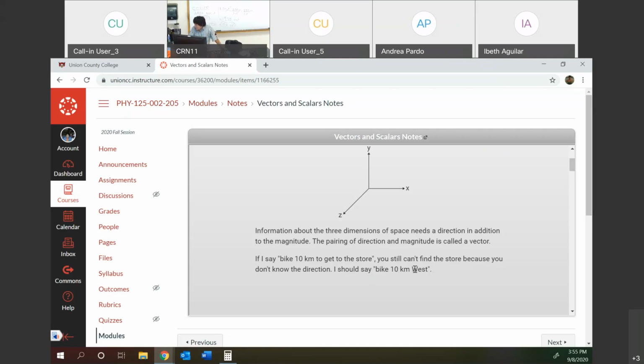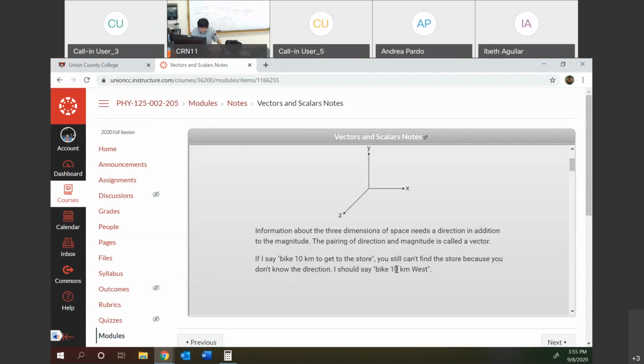The distance is vague. You know the distance is 10 kilometers, but to know where to find the store, you need to know the direction. That's where this west comes into play. As soon as you add direction, this value changes from a scalar to a vector.